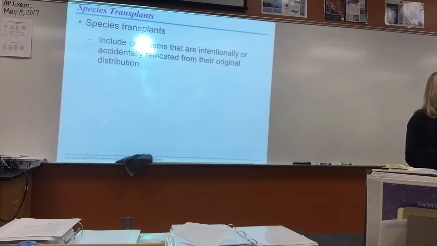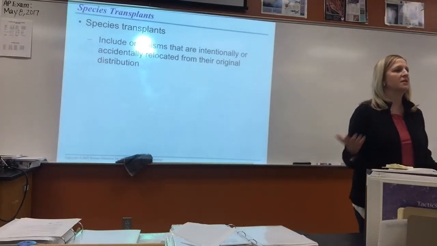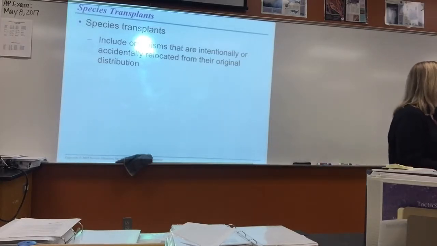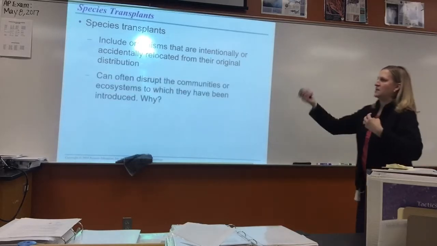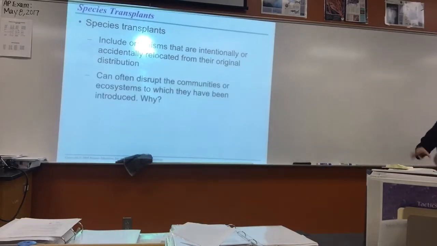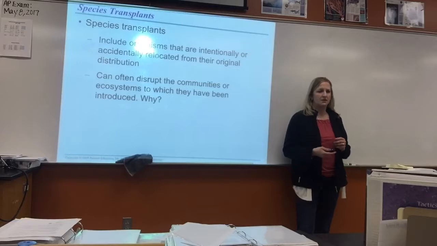Why would they replicate uncontrollably? They have no predators. Yeah, there are no natural predators, so they begin to replicate, and that poses a problem to the ecosystem. Why? Because they're taking up resources of the native organisms. That's what the second bullet was about: they can disrupt the communities into which they've been introduced.